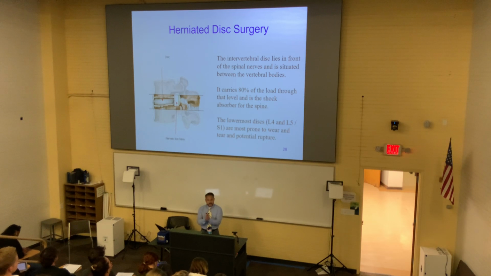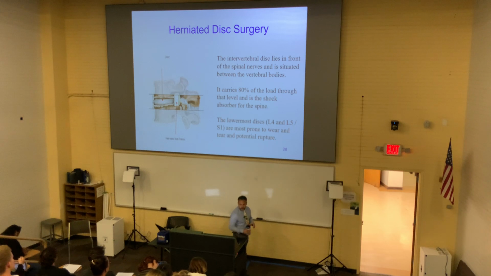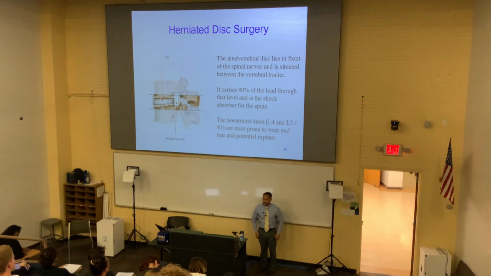So the intervertebral disc actually lies in front of the spinal nerve, so they're very susceptible to pressure. 80% of the load through the level actually goes through the disc. Now, why not 100%? Vertebral body, disc in between. Why is it only 80% going this way? Where's the other 20% transmitted?